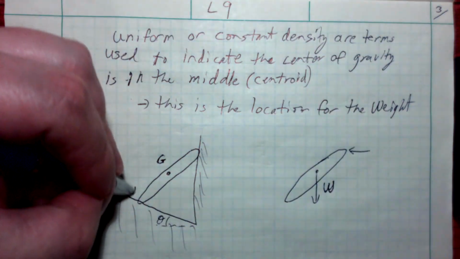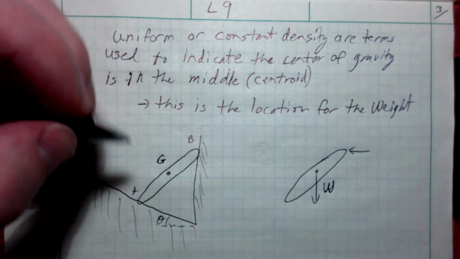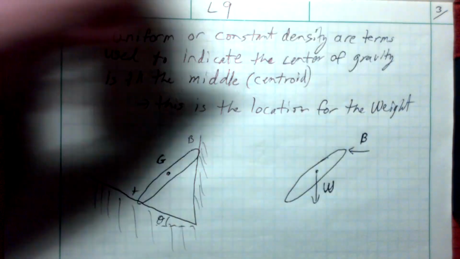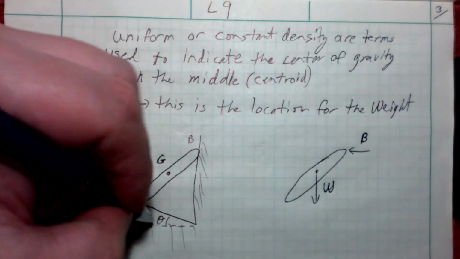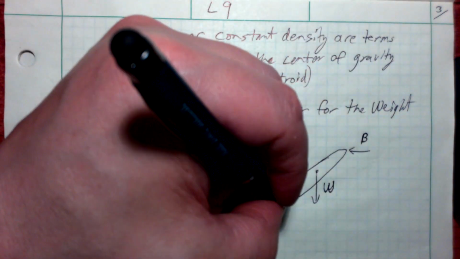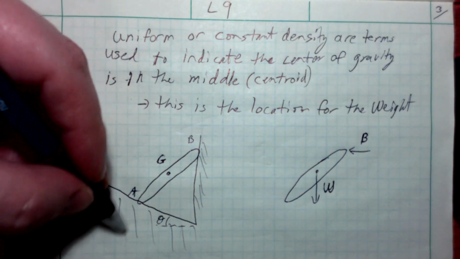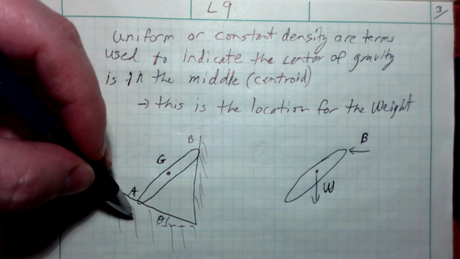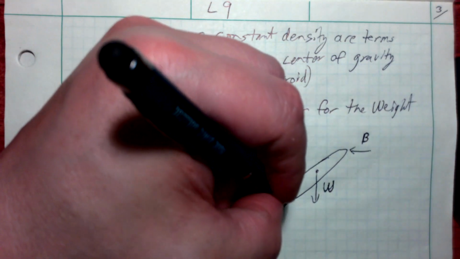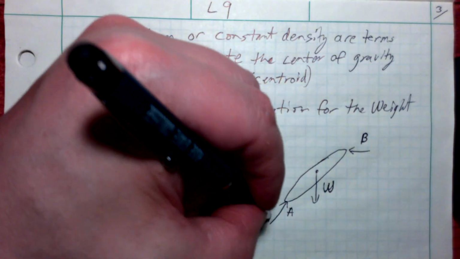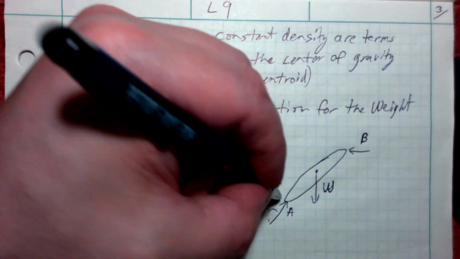Let's call this point A, and we'll call this point B. So I'm going to apply a horizontal normal force at B, and this is a force A, so I'm going to apply a force normal to the surface A here. This is theta from horizontal, so that means when I apply a normal force A, it's going to be theta from vertical to get there.